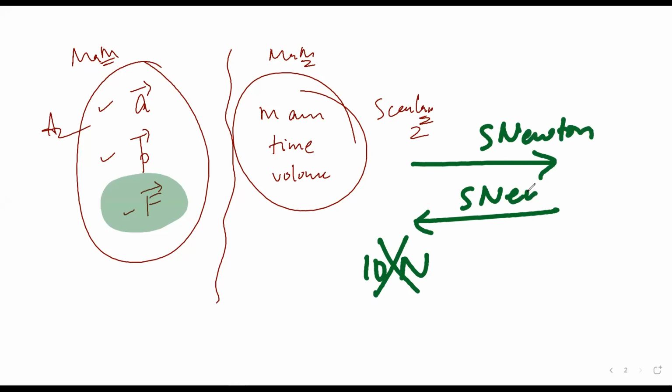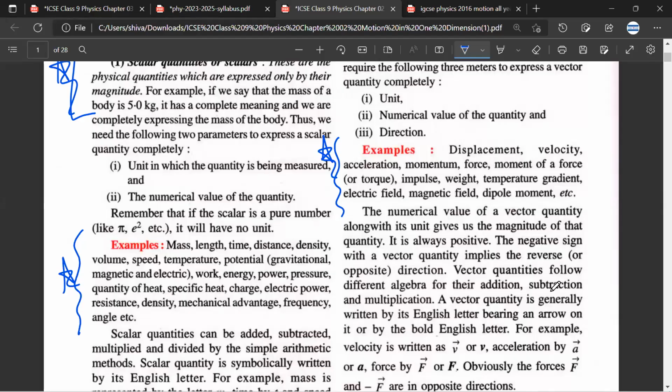Chris, have you understood my point? Yes, sir. So whenever you are dealing with any physical quantity, you should be clear whether it is a scalar quantity or a vector quantity, because the operation that will be used will be different.